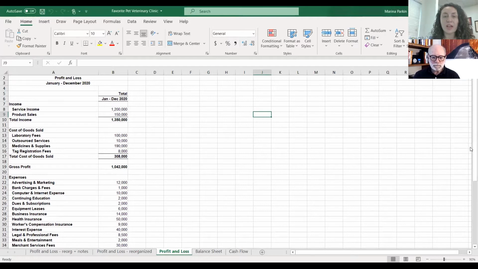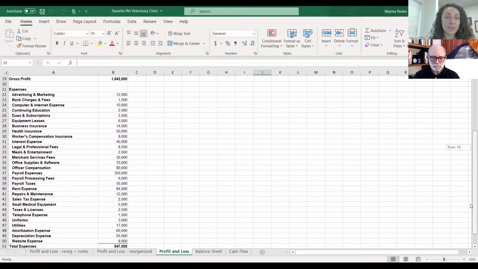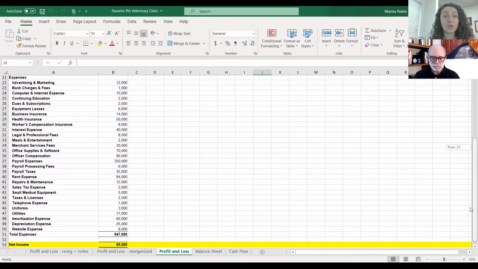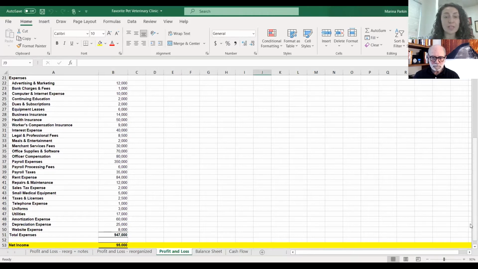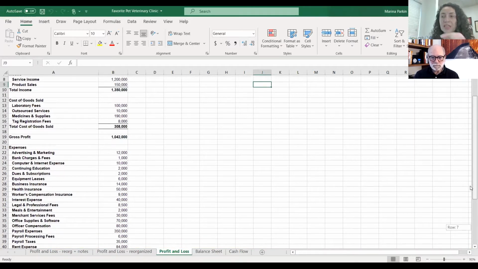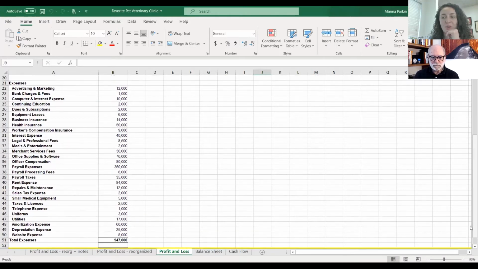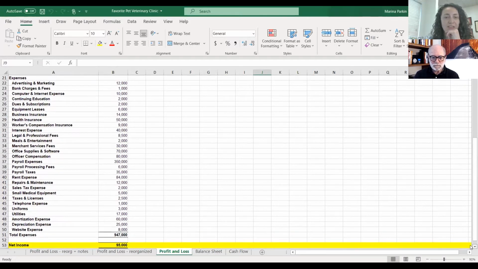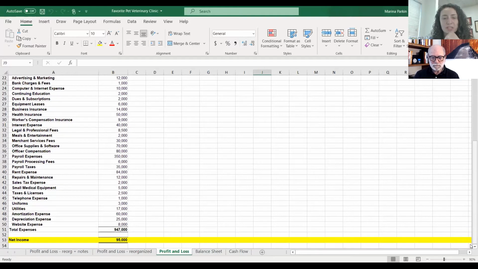And then we had all of the other expenses that were not classified as cost of goods sold, just in other operating expenses. And here you are. So we had about $308,000 of cost of goods sold. We had another $947,000 in all other expenses. And then we ended up with net income.